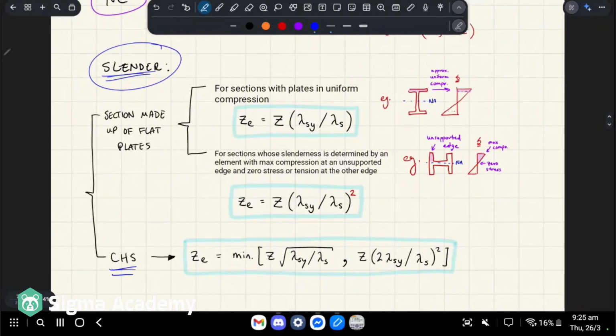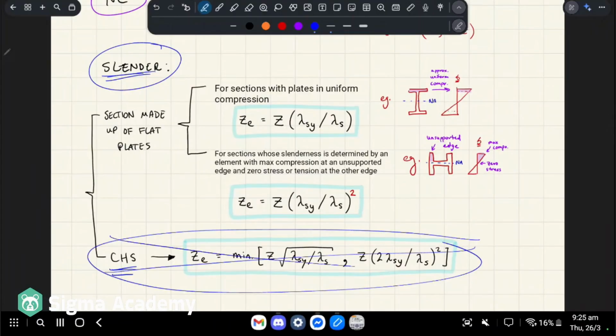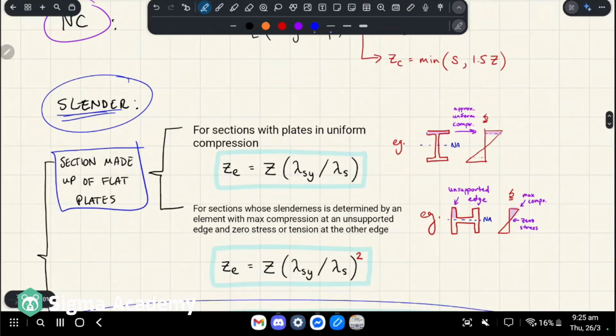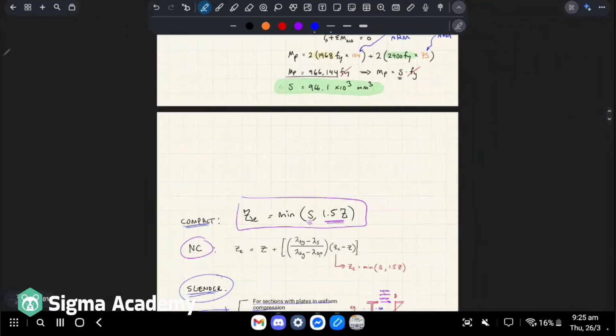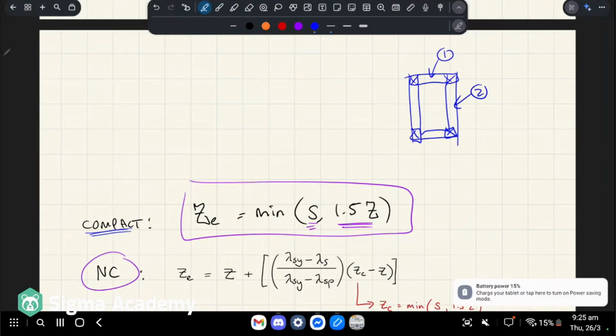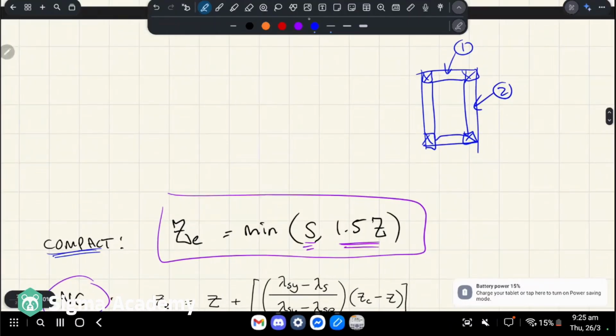Circular hollow sections have their own formula, which I won't explain at the moment. For sections made up of flat plates, it depends on which element is the governing one. For example, we determined that our box section, just pretend it was slender for a second, had 2 elements: one which is in uniform compression, and a second one which had tension and compression.